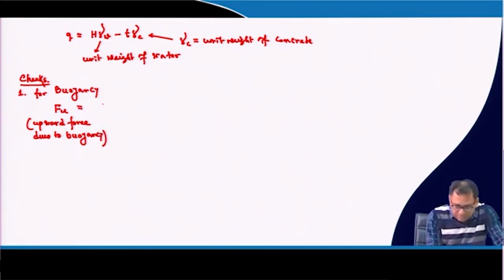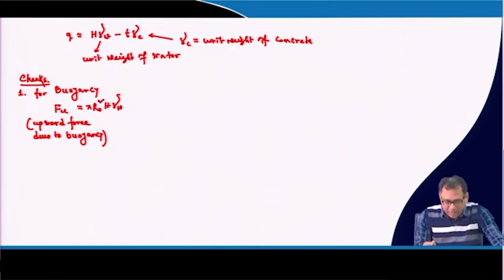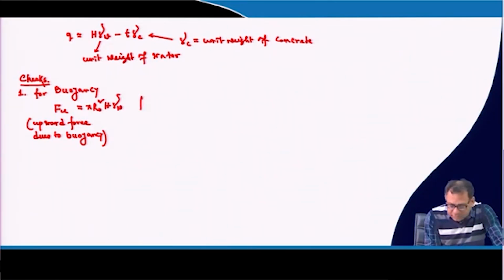The uplift pressure due to the buoyancy is H into gamma W, and you have to multiply it with the base area. That area is pi r_o squared, the outside radius, for a circular cross section or circular well.